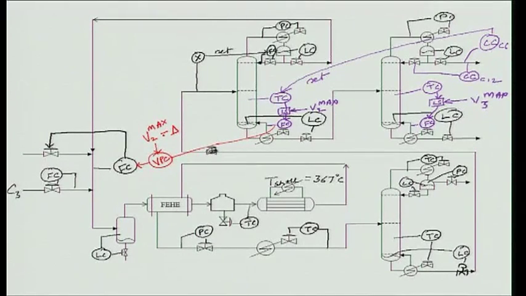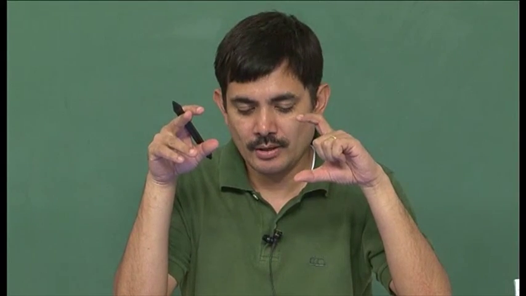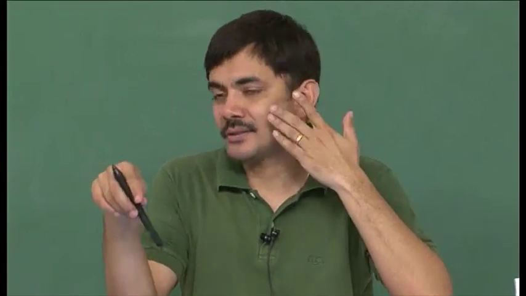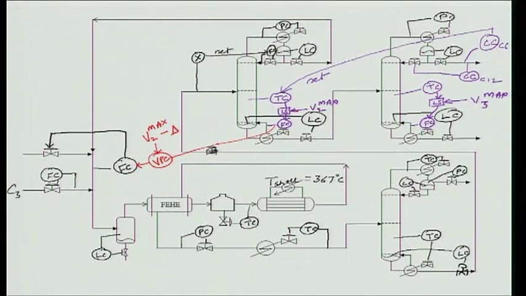It will not be V2 max, but slightly below V2 max, so that should there be transients that cause the temperature in the column to deviate, it should not happen that I lose the temperature control because V2 max got active. So, I will have to have some amount of back off to make sure that V2 max never goes active, regardless of the worst case transient that this process has to deal with. So, the first disadvantage is in this control system you have to have back off in V2 max.